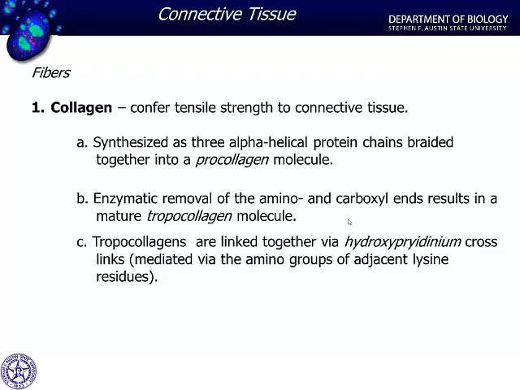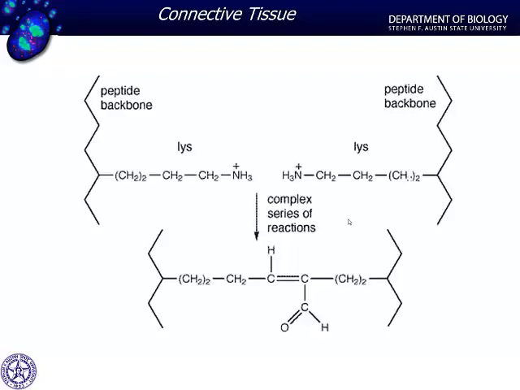Now, the cross-link that we have to tie those tropocollagens together is mediated by the amino acid lysine. And they're going to create a bond that's referred to as a hydroxypyridinium cross-link. Now, not being a biochemist or a chemist, I really didn't know what a hydroxypyridinium cross-link was, but this is what it looks like.